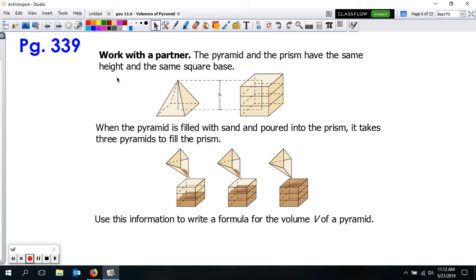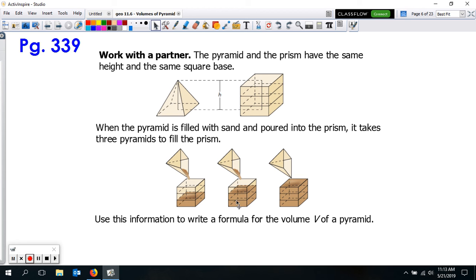They have the same height and the same square base. You can see how this one's kind of chopped up into 3 sections here. It says when the pyramid is filled with sand and poured into the prism, it takes 3 pyramids to fill the prism. So if we pour in 1, it only goes up to that first block right there.